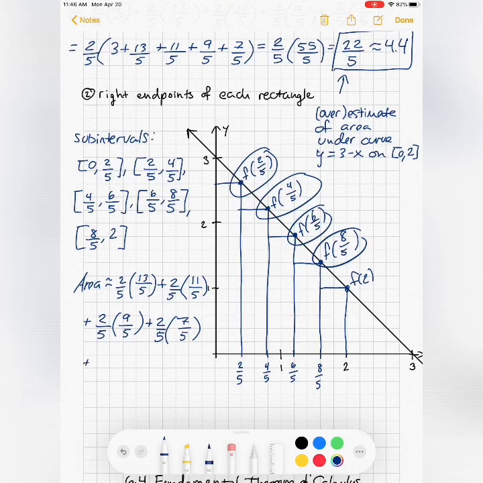Then the last one, f of 2. Well, that's 3 minus 2 is 1. Okay, so those are the areas of each of those rectangles.